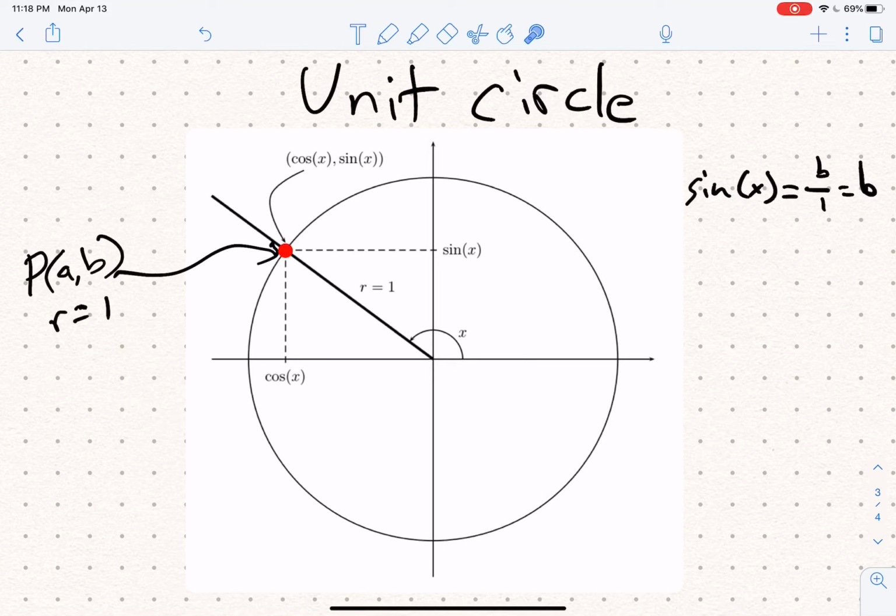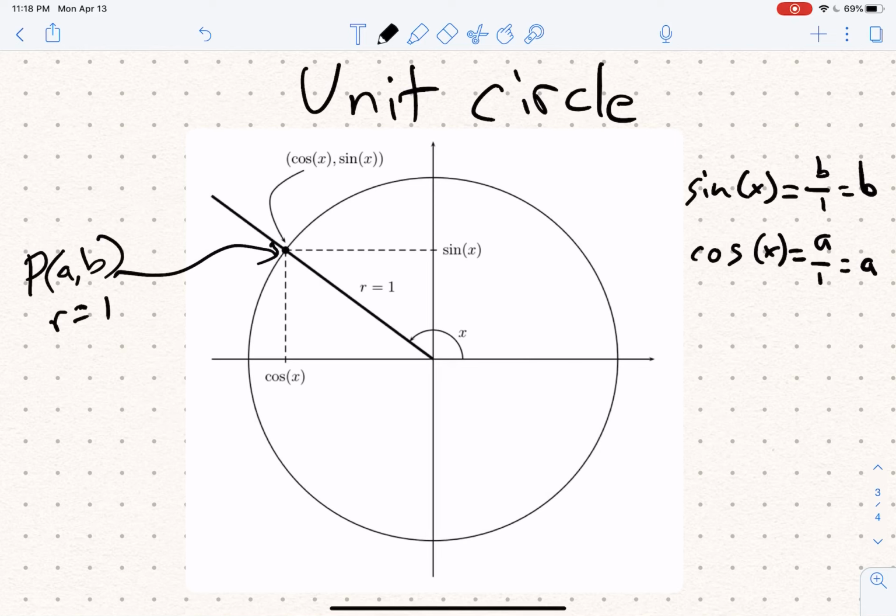When you look at this point on the unit circle, this point has some coordinates, an x and a y, and the y-coordinate is exactly equal to sine. Similarly, the x-coordinate, this distance here, is exactly equal to cosine, because we have cosine of x is equal to a over r, which is a over 1, which is just a.